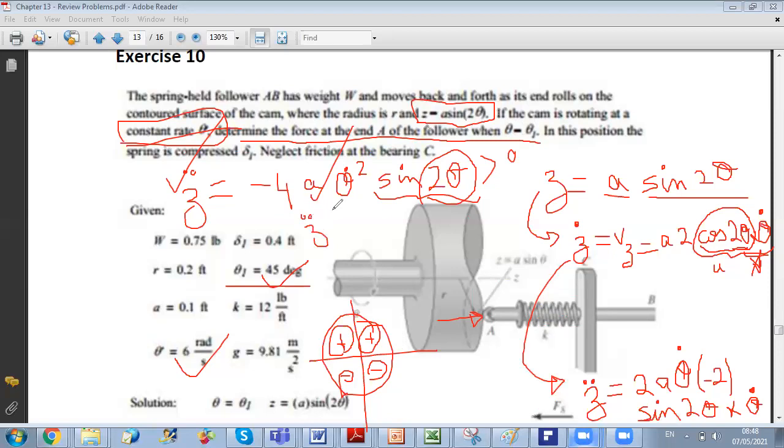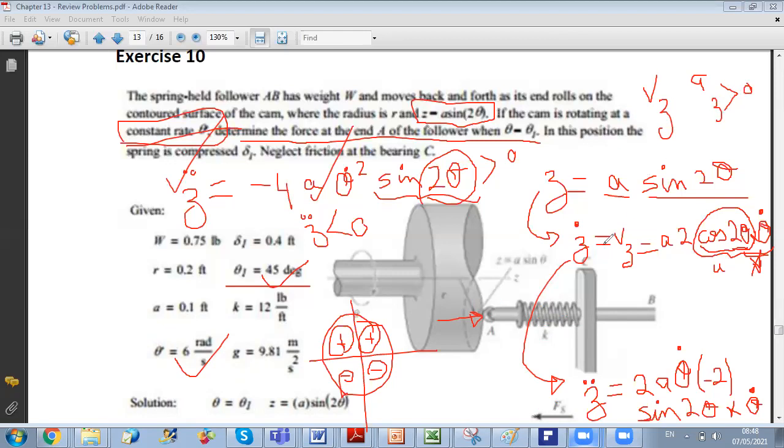So in this case, to test if it's deceleration or not, you should compare the sign of A to V. Because if you remember, when we talked about acceleration and deceleration, what was the condition? Vz times Az should be positive to have an acceleration, and Vz times Az should be negative to have a deceleration.